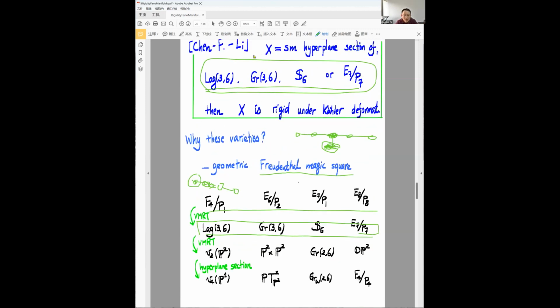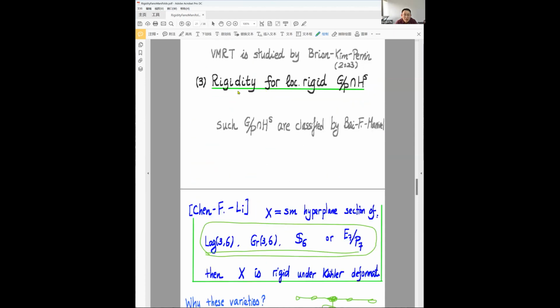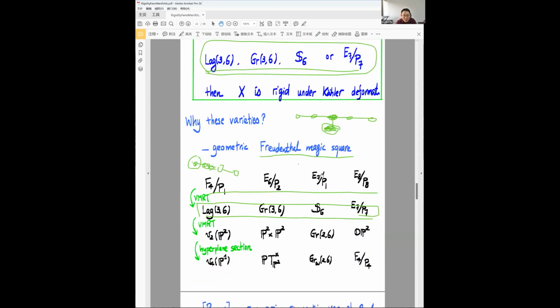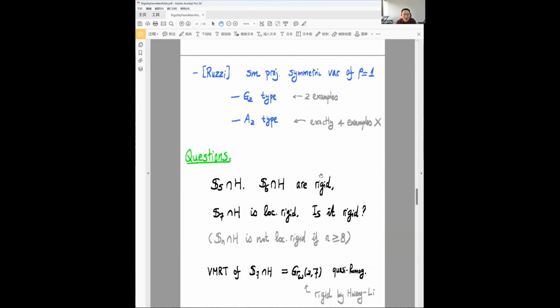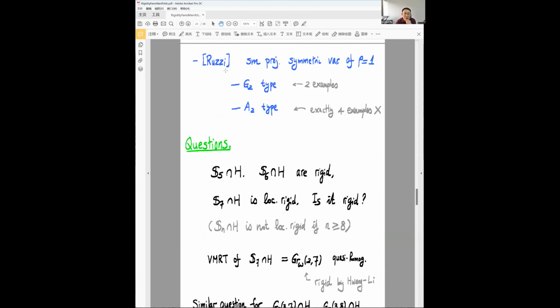And also these varieties are just one example of this variety class, because in our classification for locally rigid varieties, these appeared in our list. And the second reason why we study these four varieties is that Fano classified the smooth projective symmetric varieties of Picard number 1. There are two types.